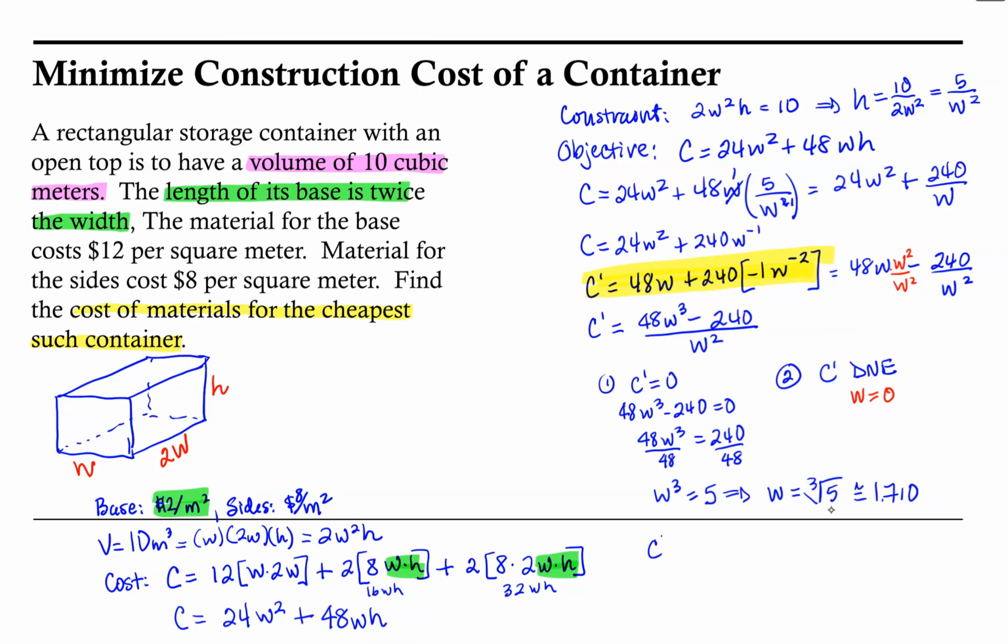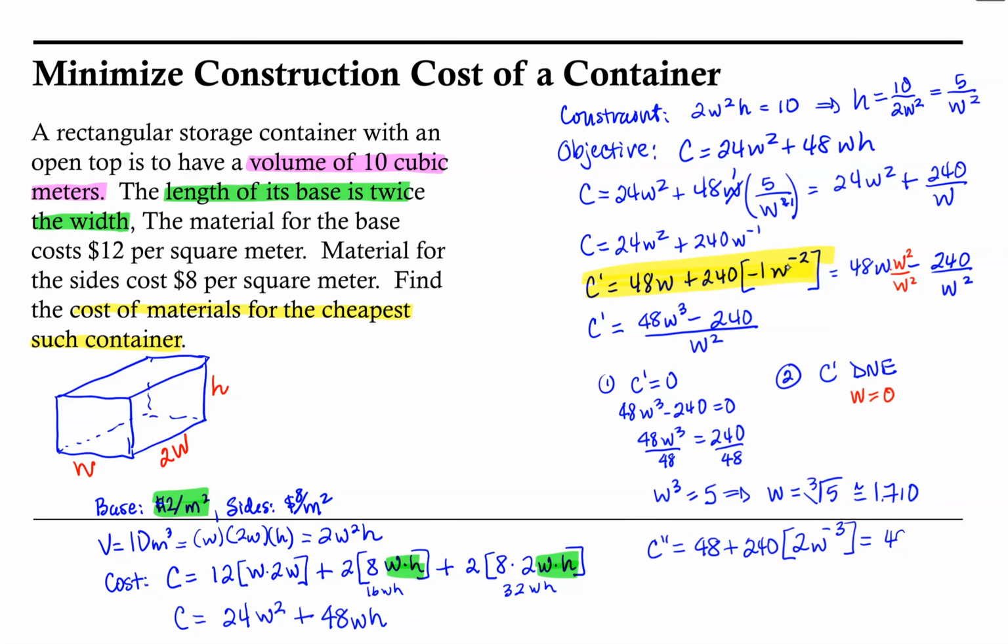So our second derivative, the derivative of 48w is simply 48, and then if we take the derivative of the second term, we'll have plus 240 times, and then this negative 1 will be multiplied by negative 2, so we'll have a 2 times w, and subtracting 1 from the exponent, we get a negative 3.